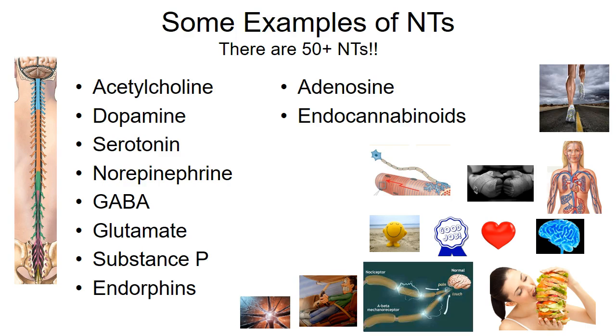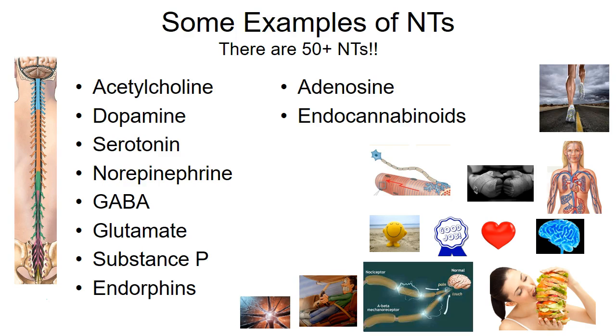Okay, so next one, adenosine. This one is the one I think maybe you guys were thinking about in the back. It's involved with the sleep-wake cycle. It's also involved with the cardiovascular system, the circulatory system. And it is also going to be the target of caffeine.